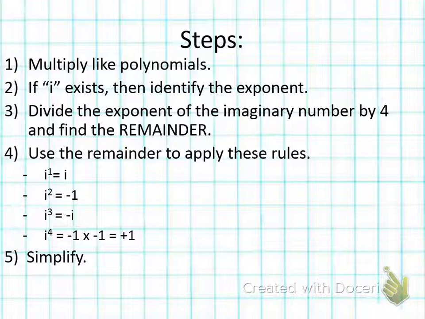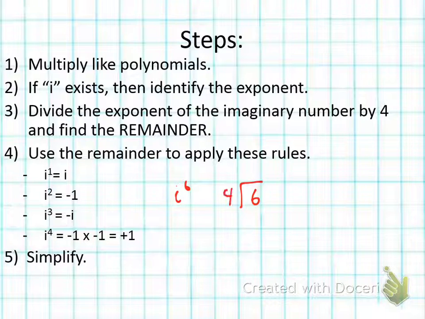And then I give you a list of different remainders. So even if we had i to the 6th, we know i to the 6th is equal to negative 1. The way we figure it out, we take the exponent and divide it by 4.